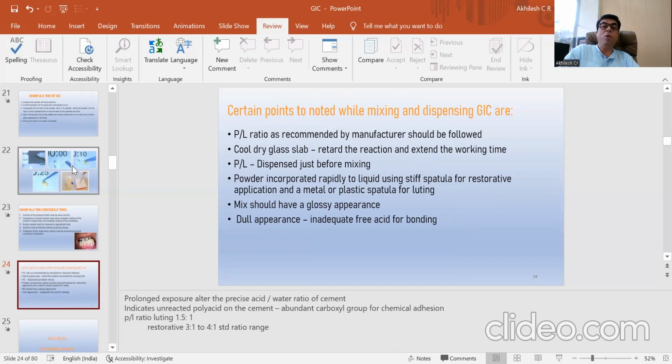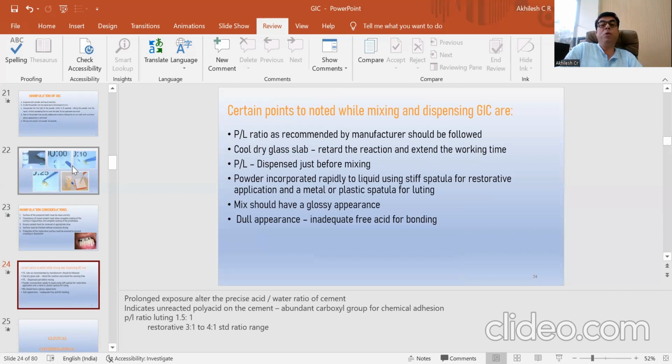Then comes the powder to the liquid. For example, the liquid is just dispensed before mixing only. You should not keep the liquid dispensed beforehand. While you are mixing with the powder, you can dispense the liquid.